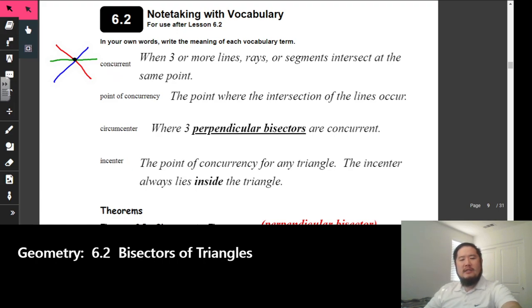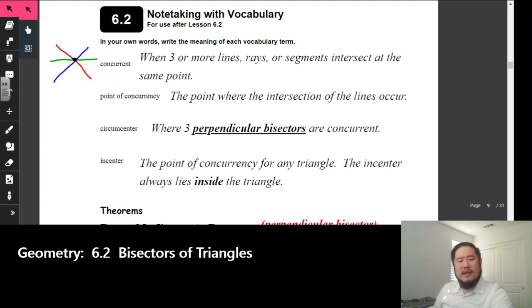And then the last term right here is incenter, which is the point of concurrency for the angle bisectors of any triangle. The incenter always lies inside the triangle. You can see I put in bold that the incenter always lies inside the triangle.